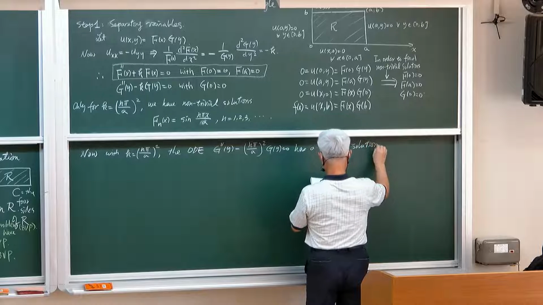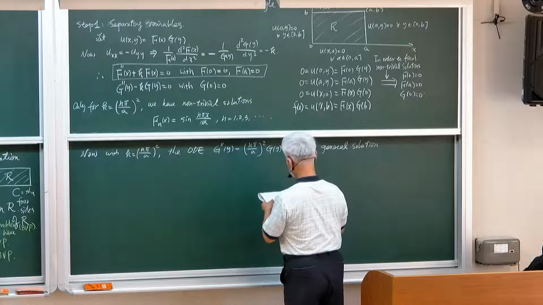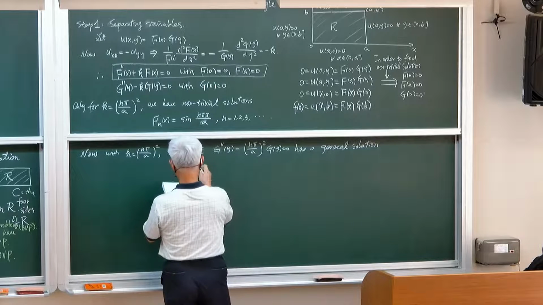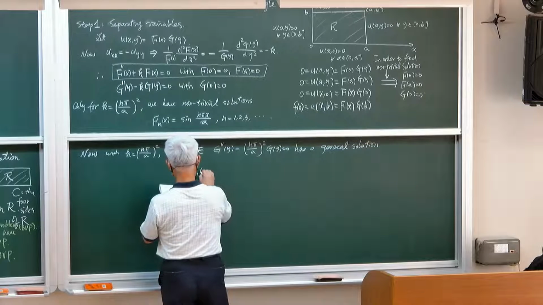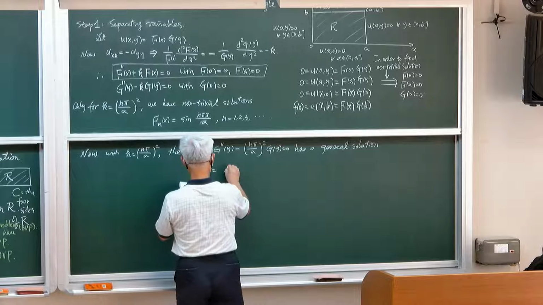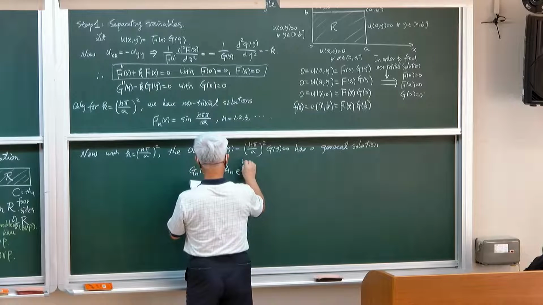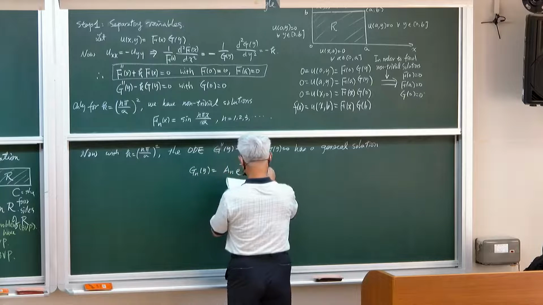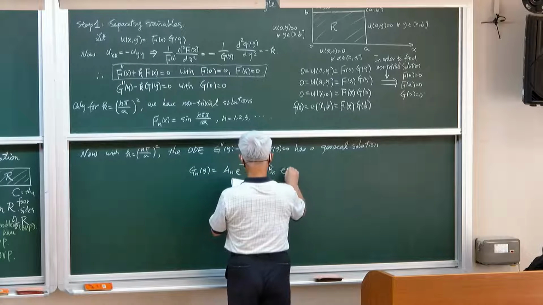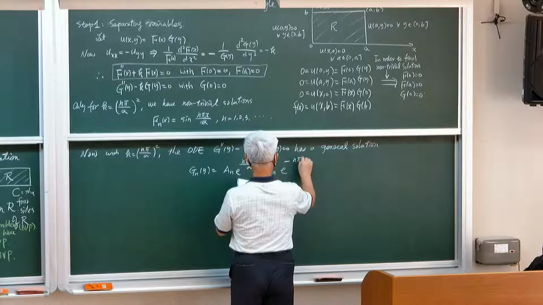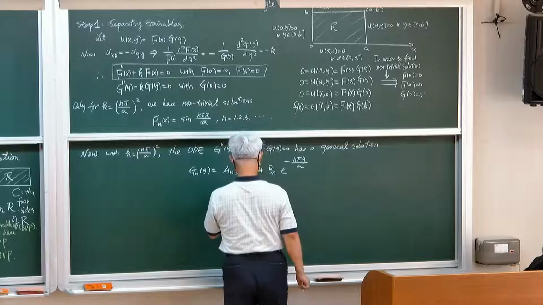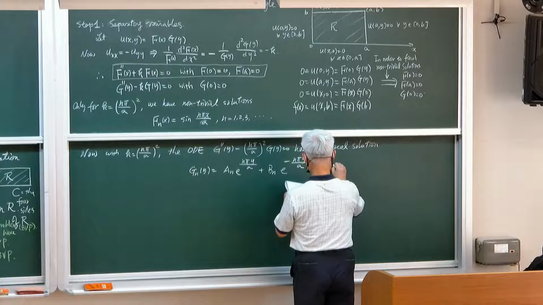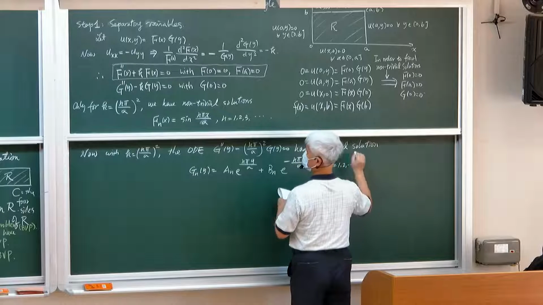So this ODE has a general solution: Gn(y) is equal to an exponential of m pi y over a plus bn exponential of minus m pi y over a, for all n equal to 1, 2, etc.